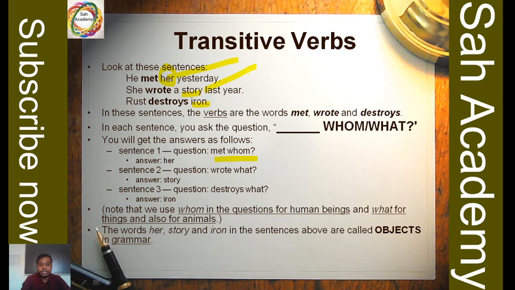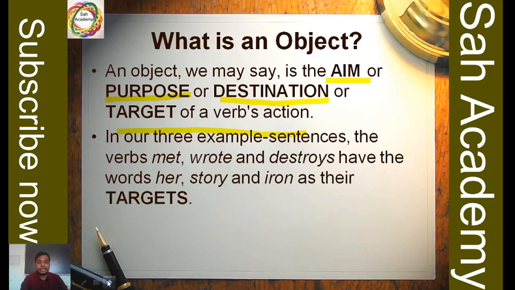An object, we may say, is the aim or purpose or the destination or the target of a verb's action. So if you have to find the object in any sentence, then you have to find its aim, purpose or destination, or target of the verb's action. Clear? Now, in our three example sentences from the last slide, the verbs met, wrote, and destroys have the words her, story, and iron as their targets.